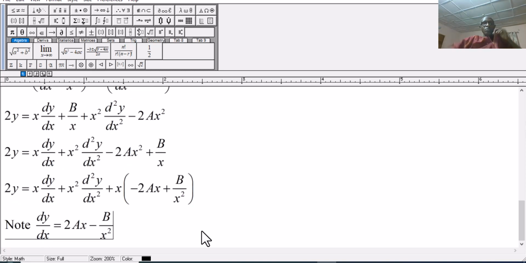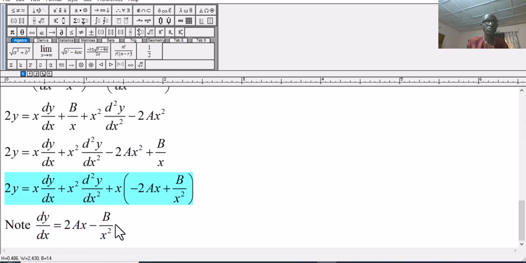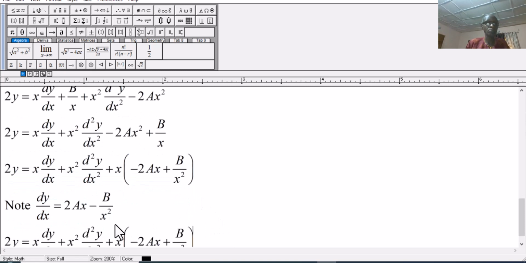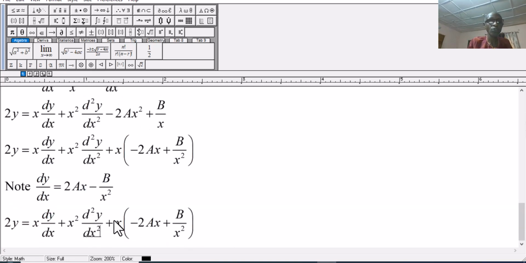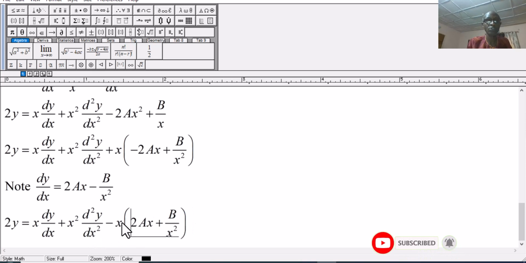Now let's imagine that for this, since this is positive, we have 2ax here, and this we are getting negative here. So I can still write this, just for the sake of our example. Let's imagine that this is minus, so this will turn to plus, so it's not going to affect that. Minus times this will give us minus this.